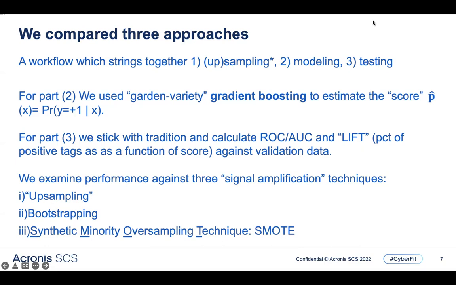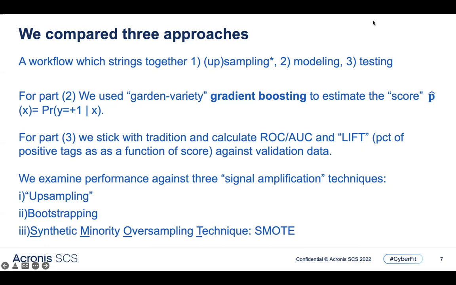For part 3, we stick with tradition. We calculate 2 metrics just to make it simple, although we can look at more metrics. We look at the receiver operating characteristic, or ROC. Specifically, we look at the area under the curve, or the AUC, and we also look at the lift.